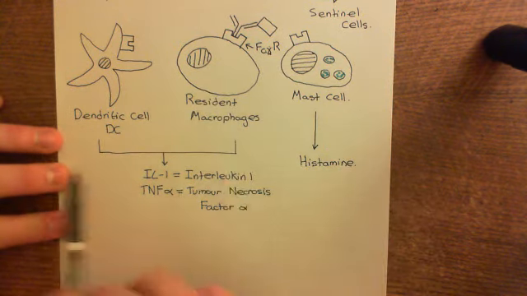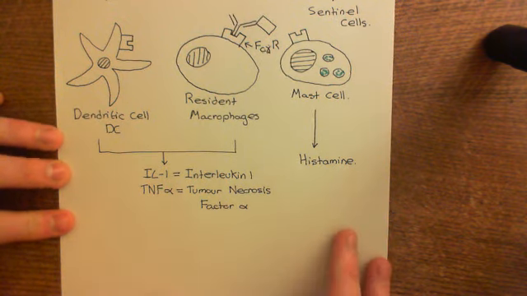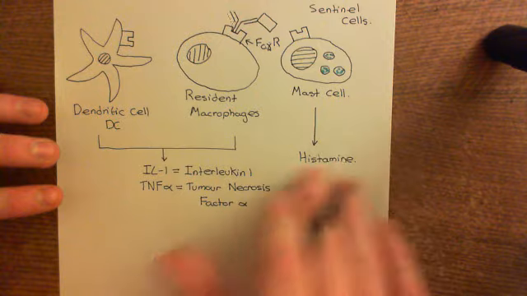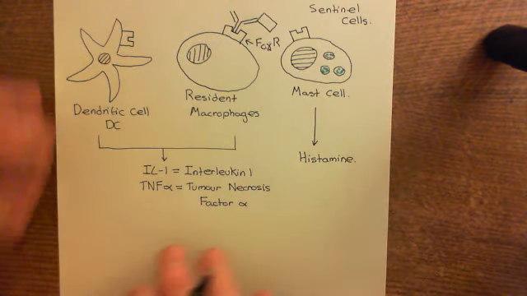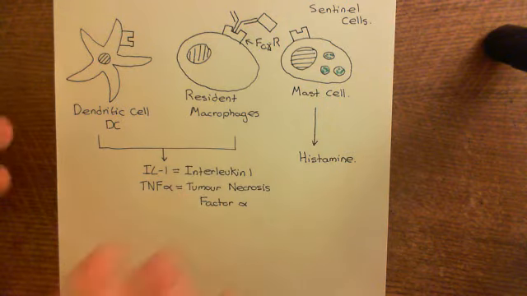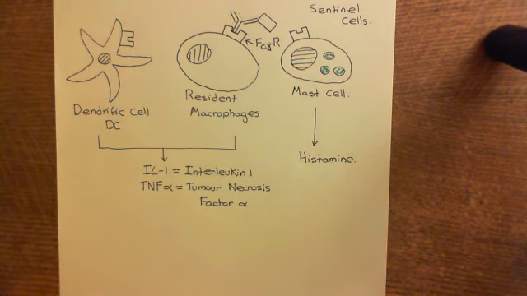It's going to take much longer for the dendritic cells and resident macrophages to produce interleukin 1 and tumor necrosis factor alpha than it is for the mast cells to release histamine. So this will happen in seconds. This will take potentially hours to make the protein. Well, maybe not hours, but considerable time compared to how quick the mast cells will exocytose their histamine.